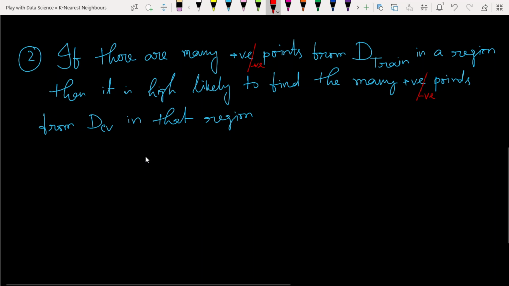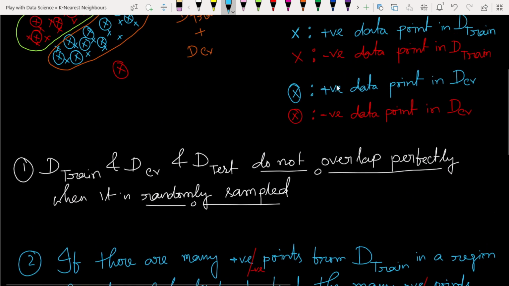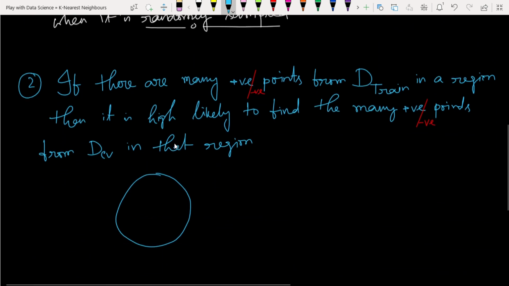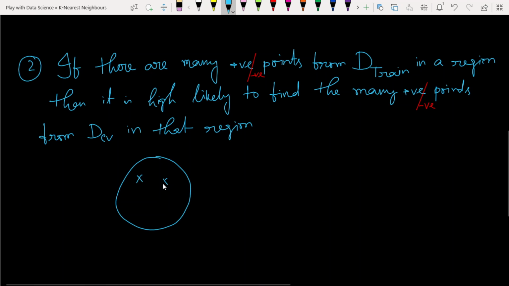Suppose we have positive points here, and we choose some region. Here we have taken some positive points from our train data set, and some negative points also.